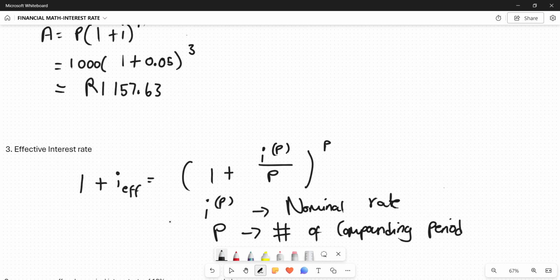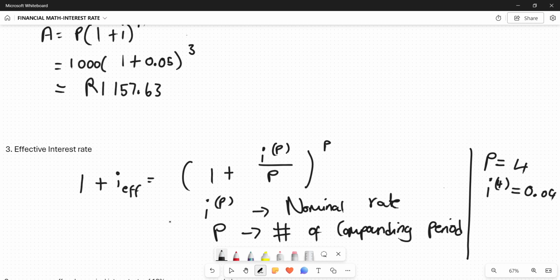For example, let's say you are given a nominal rate of 4%, compounded quarterly. It means our p will be equal to 4, and our i_4 will be equal to 0.04. This is our nominal rate, and this is the number of compounding periods.